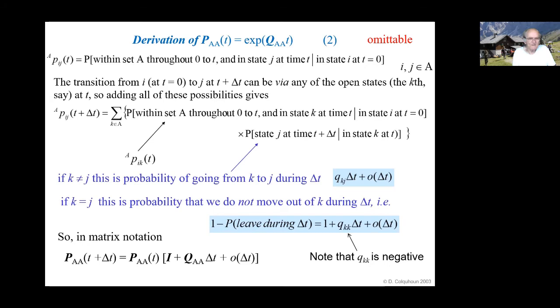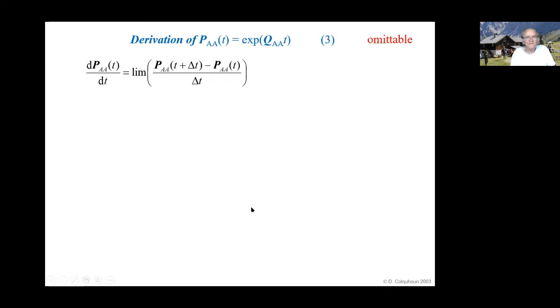And now the third omittable slide. We can therefore write the differential coefficient of this matrix that we're after in this way. The limit is delta t goes to 0. And we've just discovered that that's equal to that.